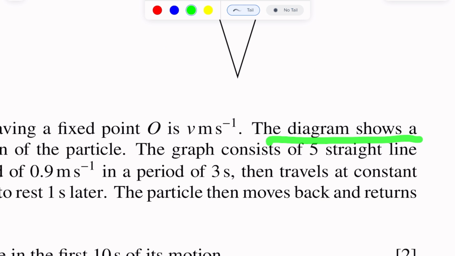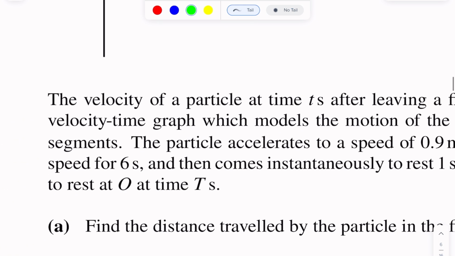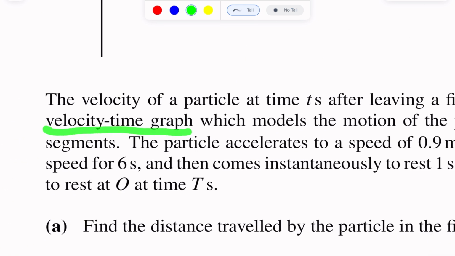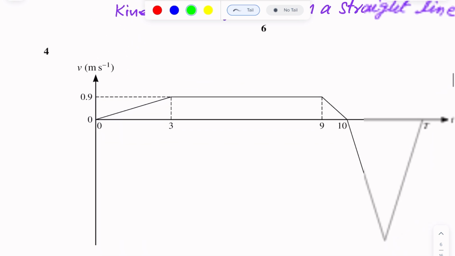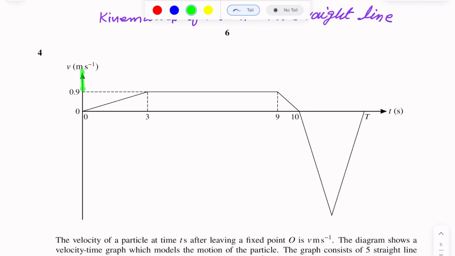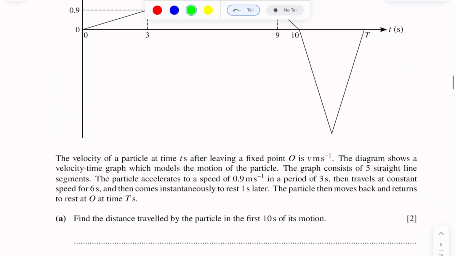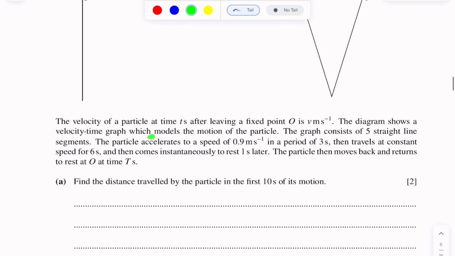The diagram shows a velocity-time graph, with time along the x-axis and velocity along the y-axis, which models the motion of the particle.